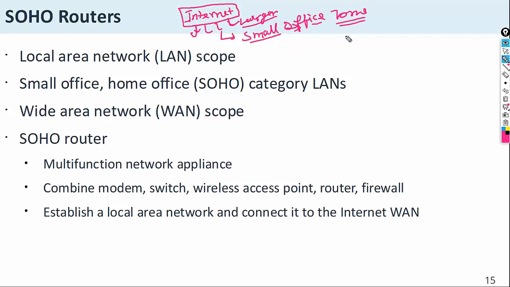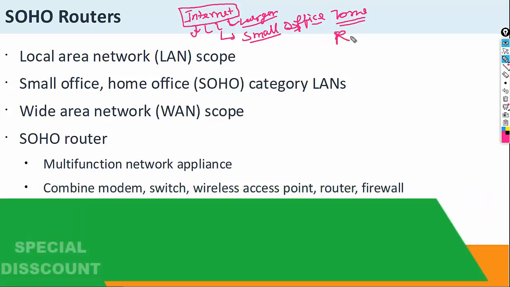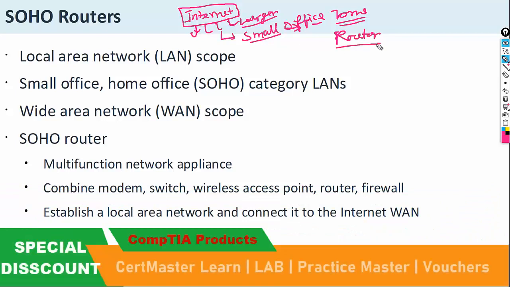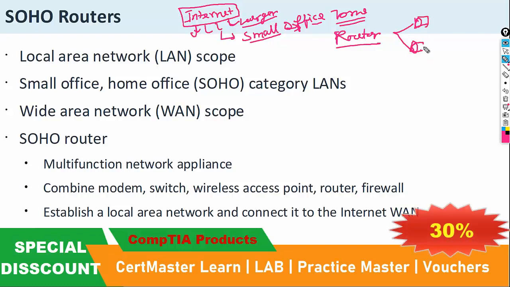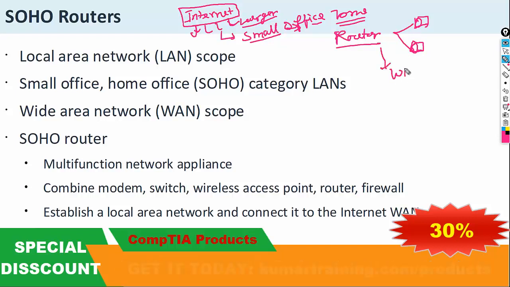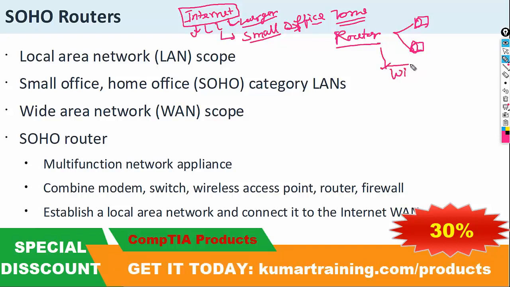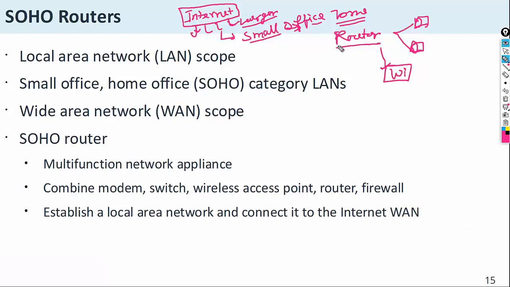There is a single router, that's it, nothing else. Some devices are connected to the router directly by LAN cable, like a desktop. Most of the devices are connected through the wireless medium, like your mobile phone, tablet or laptop. So everything is managed by a single device. It is called a router, also called a SOHO router.